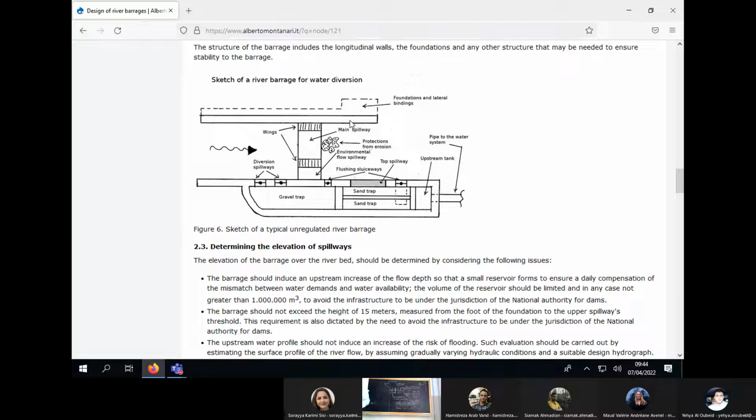Now let's talk about the design of some side infrastructures, and in particular gravel trap and sand trap. Usually, when you design these structures, you have to subdivide your design into phases, the preliminary design and the final design, or executive design, as we call it in Italian.